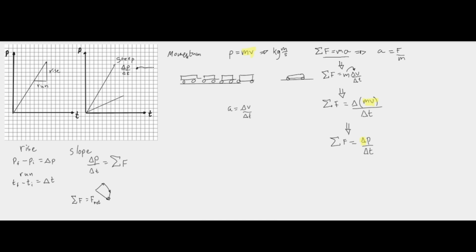A larger force must be acting on this object to cause it to be steep relative to this other object. We call this force 1, and then we have another force acting on this other object. These are two different objects. This one we can call F2, and we see that the force acting on the first object is greater than the force acting on the second object. So the steepness of this line tells you how large of a force you have. You're going to have a higher, greater slope. It's going to be more steep.